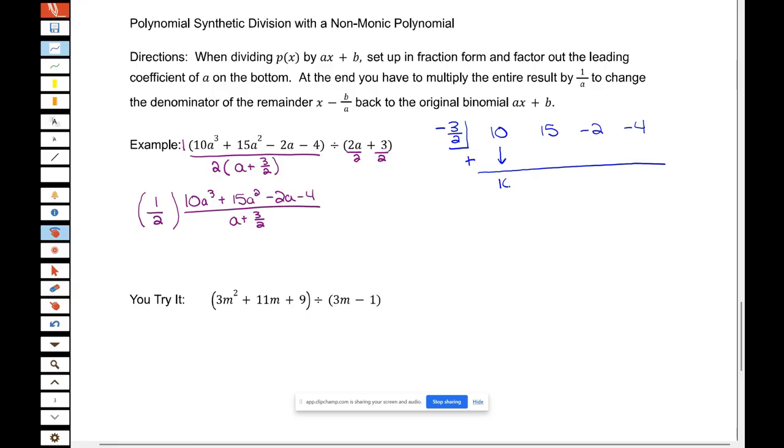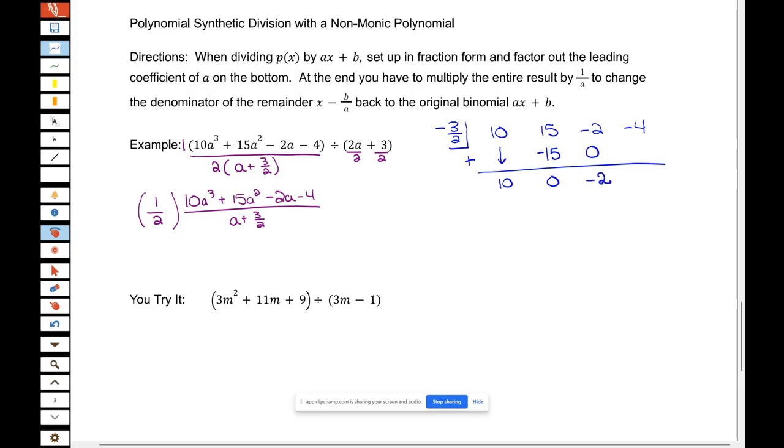And then I start my whole process of multiply and add, multiply and add. So if I do 10 times negative 3 halves, I get negative 15. Well, isn't that nice? That adds up to 0, and 0 times negative 3 halves is 0. This adds up to negative 2.